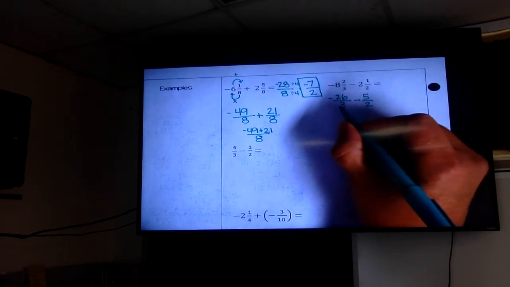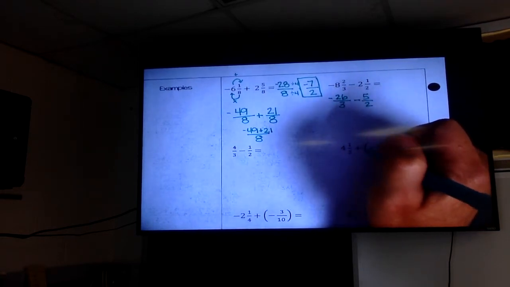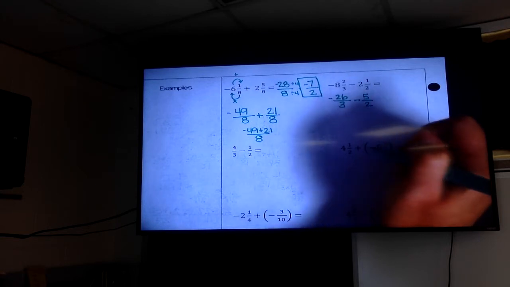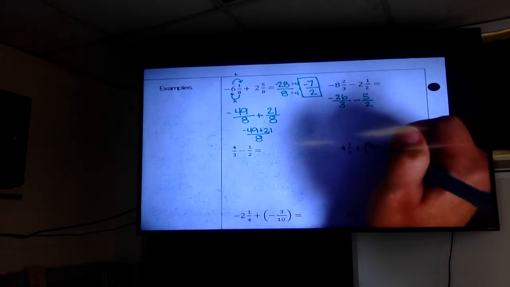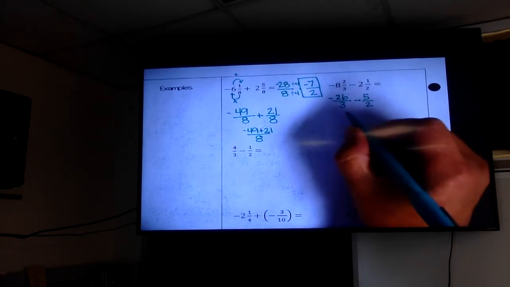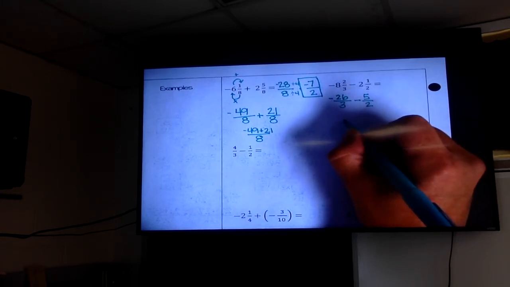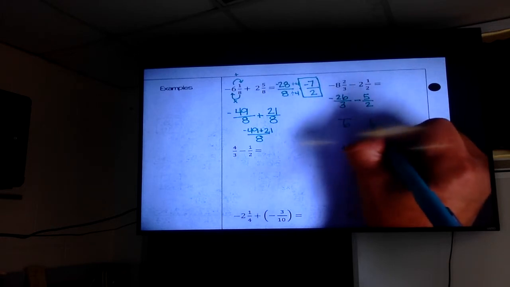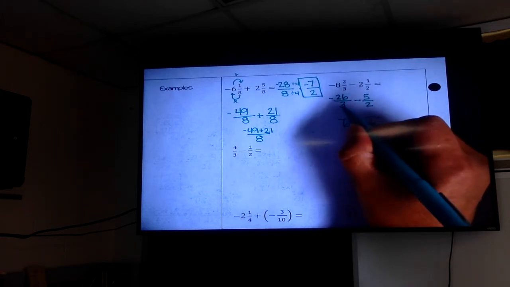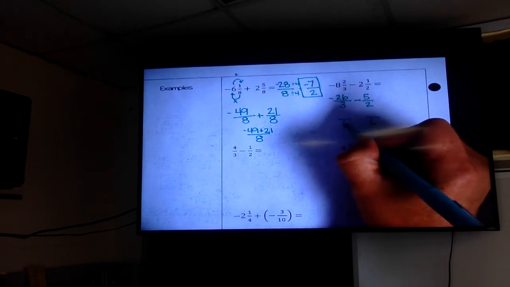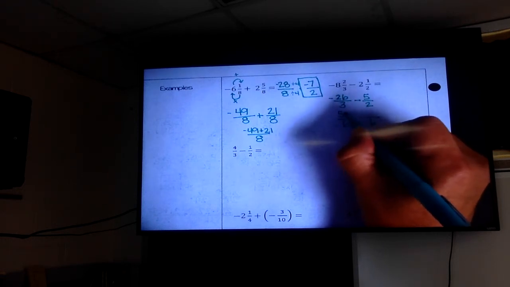Now, in this problem, my denominators are different, so I need to come up with a common denominator, and our goal is always to use the smallest common denominator, the least common denominator. The smallest number that both 3 and 2 can evenly go into is 6. So I'm going to write that, and then 3 times 2 gave me 6, so 26 times 2, that's 52.